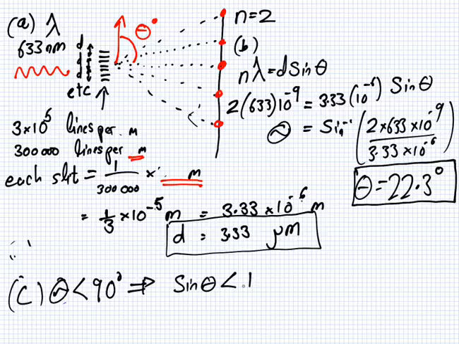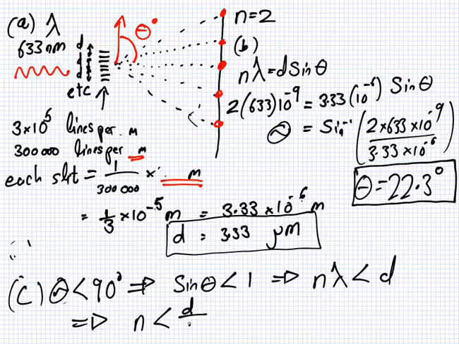So theta is sine inverse 2 times 633 times 10 to the minus 9 over 3.33 times 10 to the minus 6. So theta is 22.3 degrees. Okay, what's next?